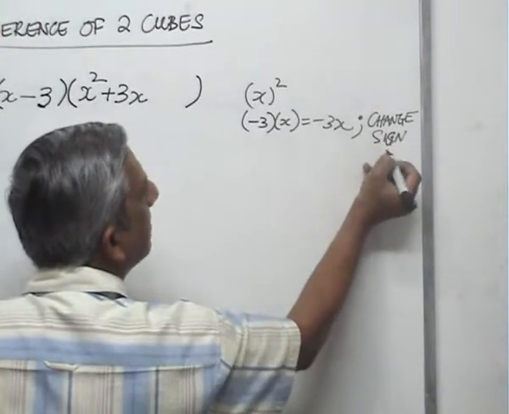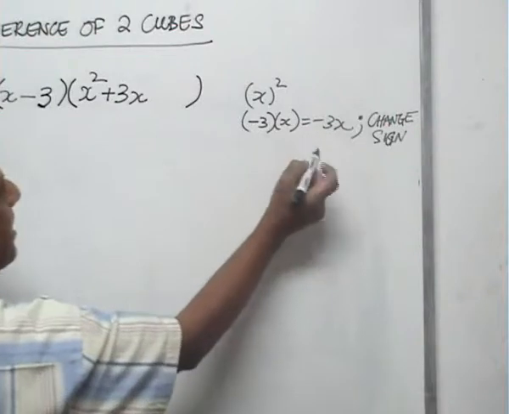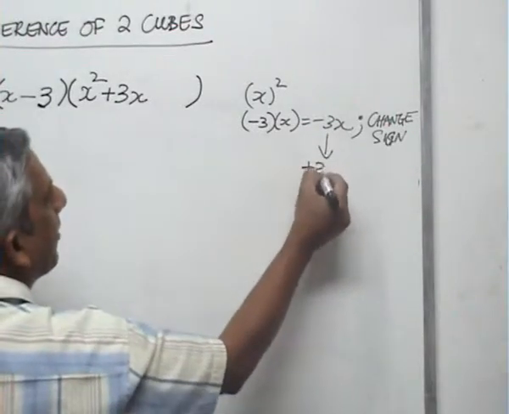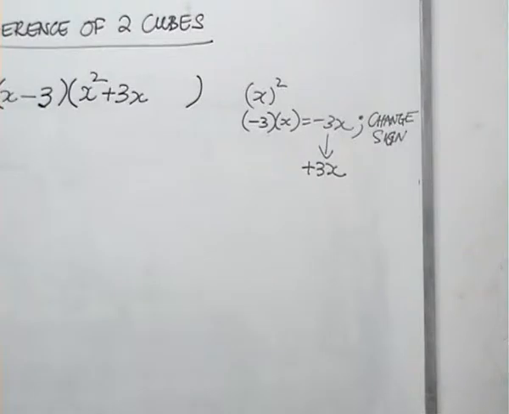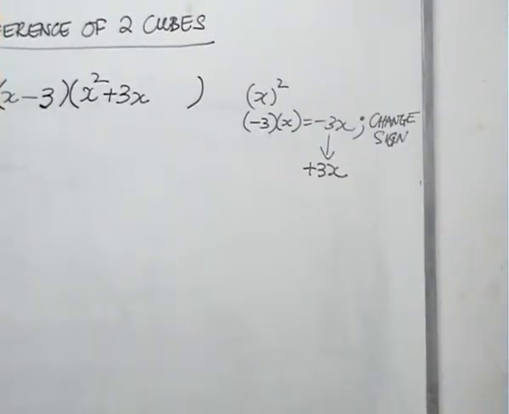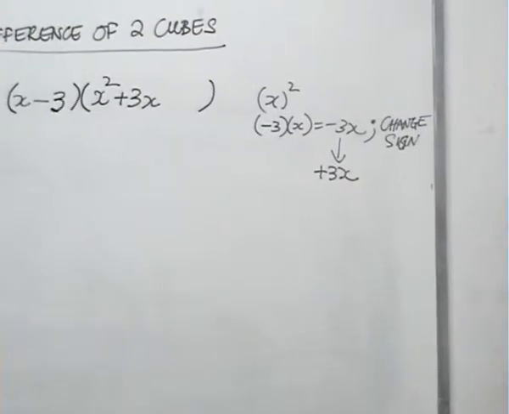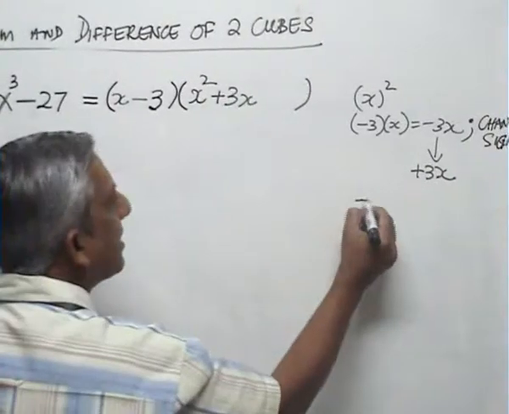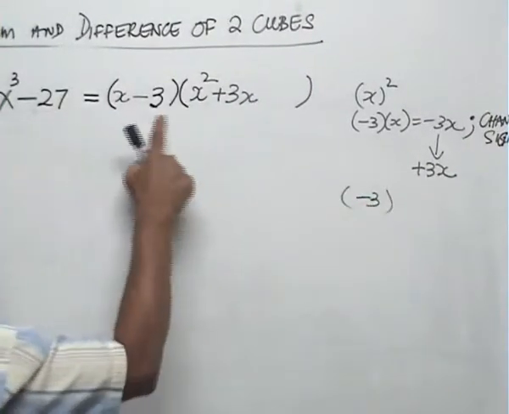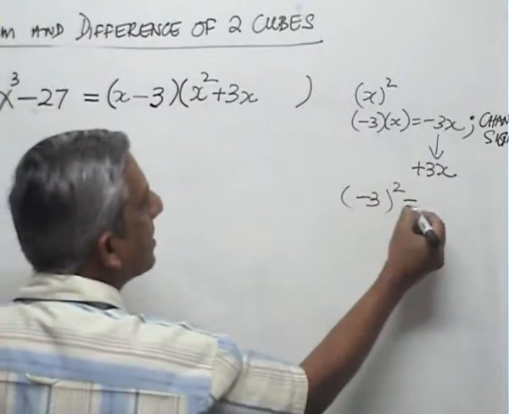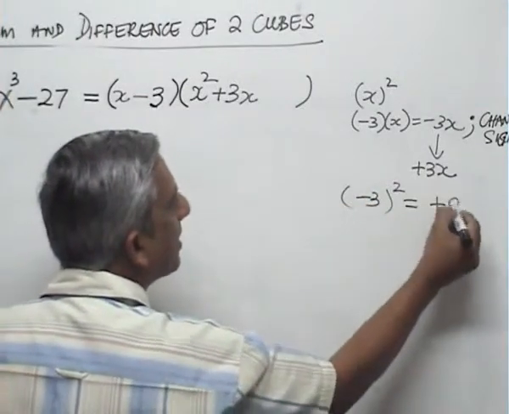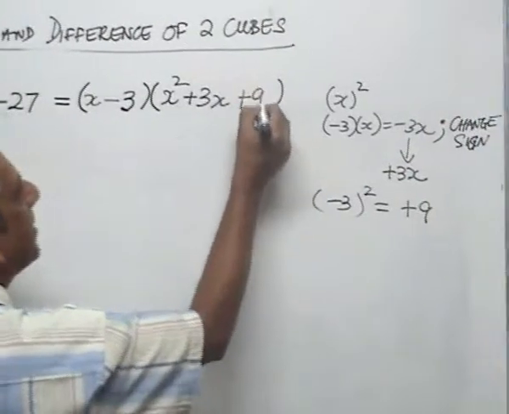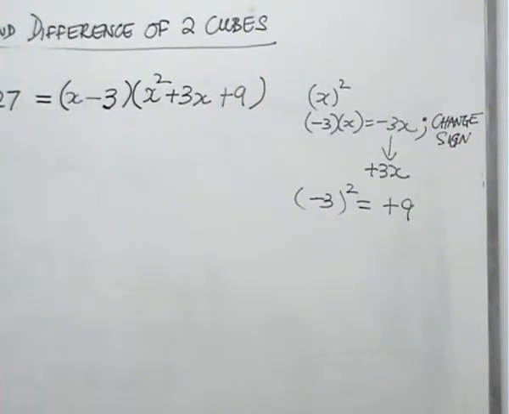So when you change the sign, minus 3x becomes plus 3x, and that's what you write over here. And then finally in the third step, you take this minus 3 here, and you square it. Do that on a calculator, you'll get plus 9. So that is how you factorize a difference of two cubes.